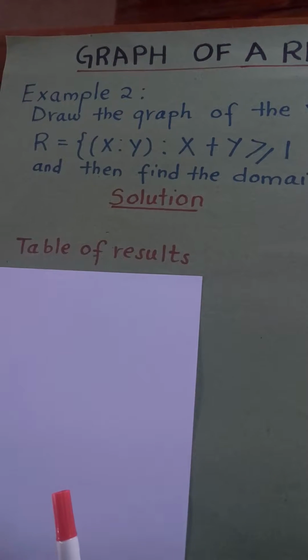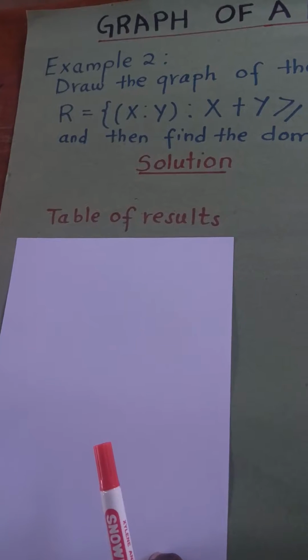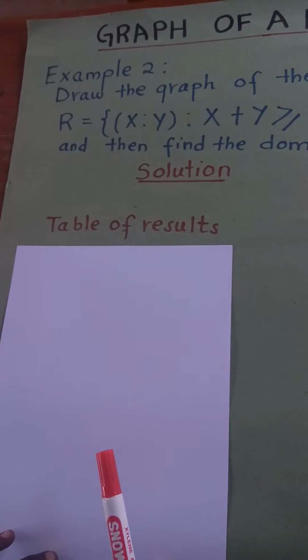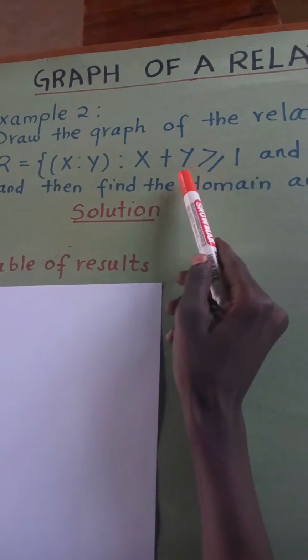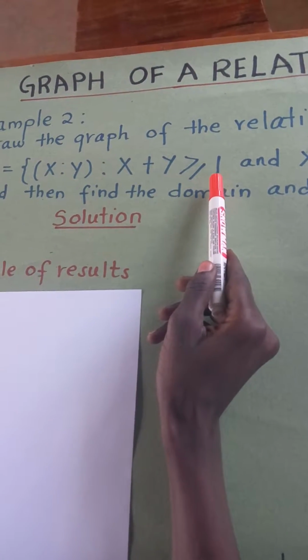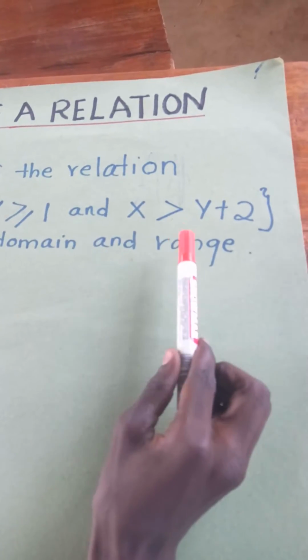Solution. First of all, we have to draw a table of results for our inequalities. We have two inequalities. The first is x plus y is greater than or equal to 1, and the second inequality is x is greater than y plus 2.